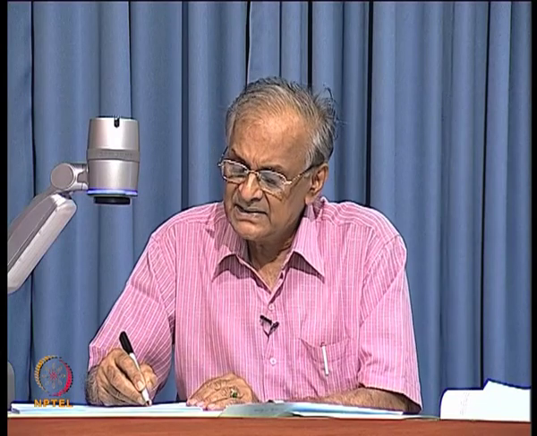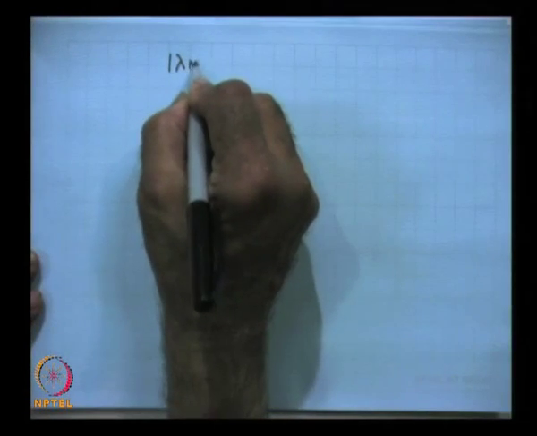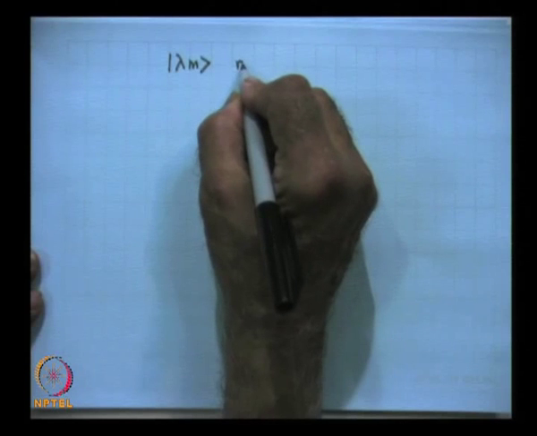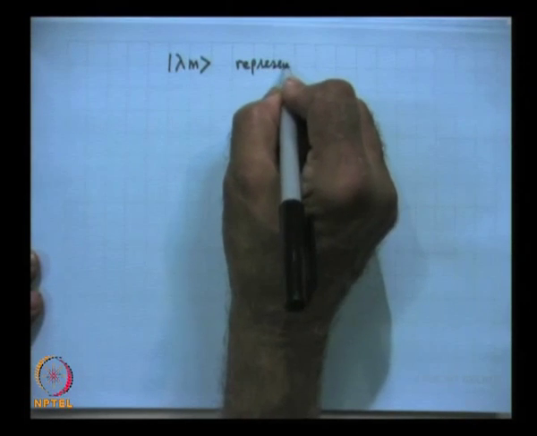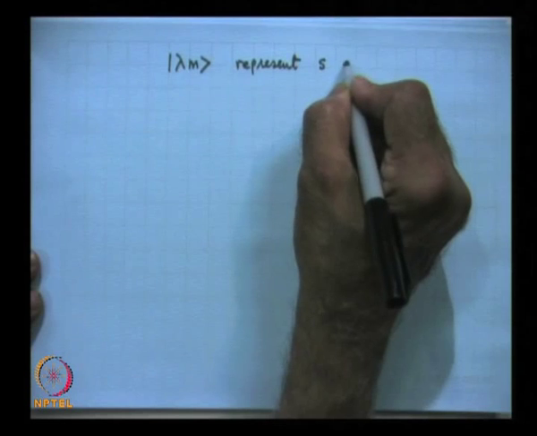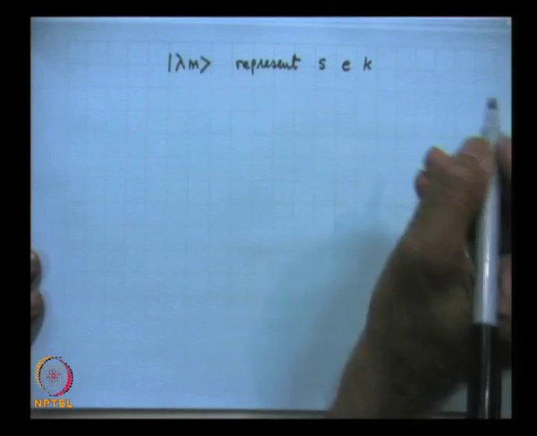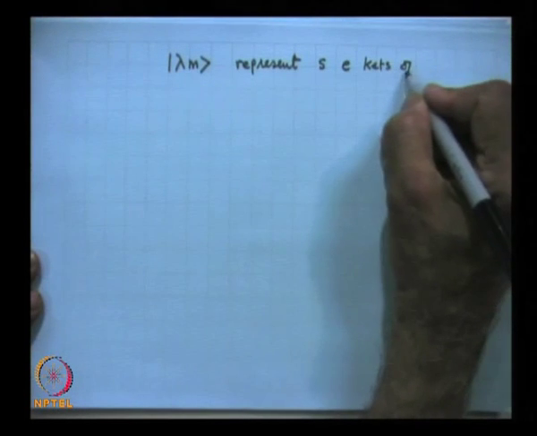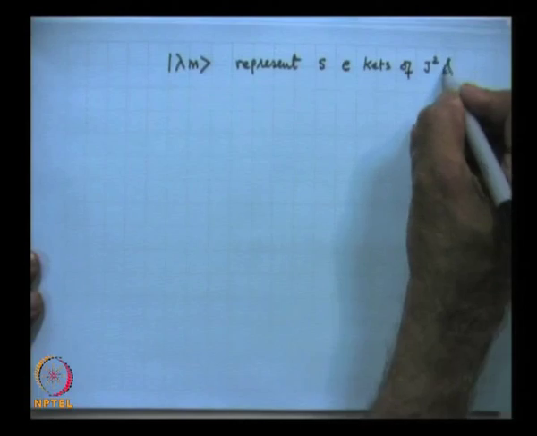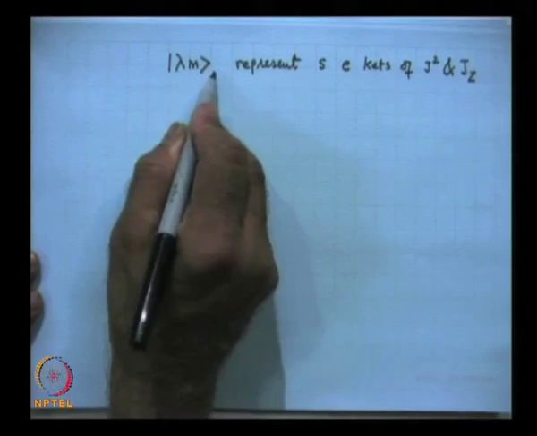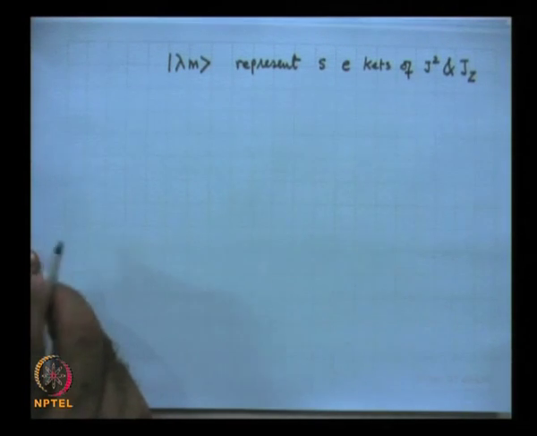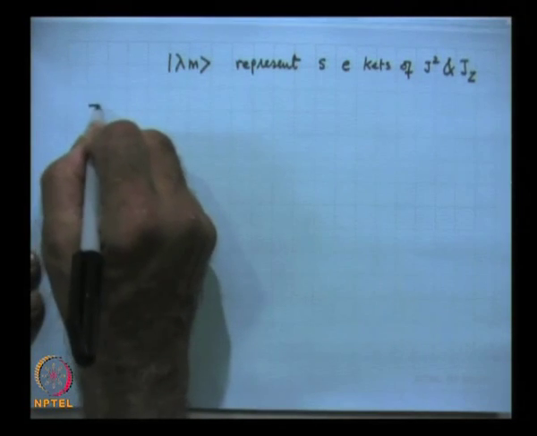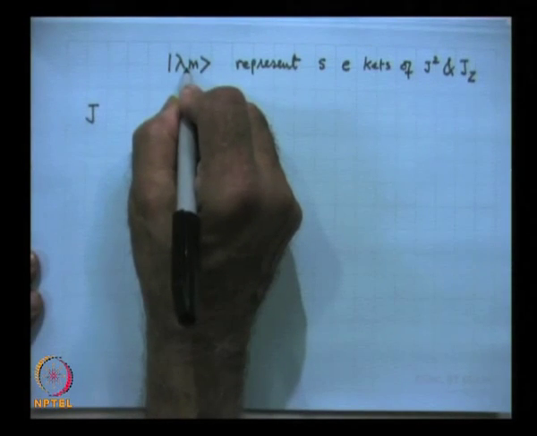Let me assume that ket lambda m represents simultaneous eigenkets of J square and J z belonging to the eigenvalues lambda and m respectively. So, what I am trying to say is that it is lambda comma m.